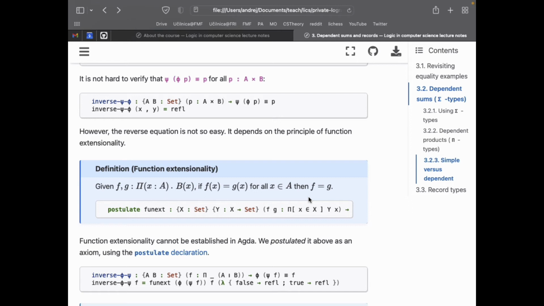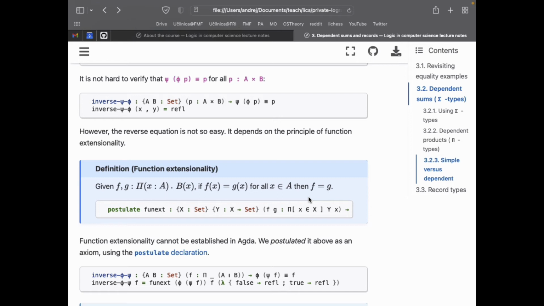Type theory doesn't make this decision for you. Type theory says, well, yeah, maybe, because Agda is essentially a programming language. We shouldn't have function extensionality. And we don't. Agda does not have built-in function extensionality. But we want to prove that these things are isomorphisms, which is a mathematical statement about mathematical functions, not about code.